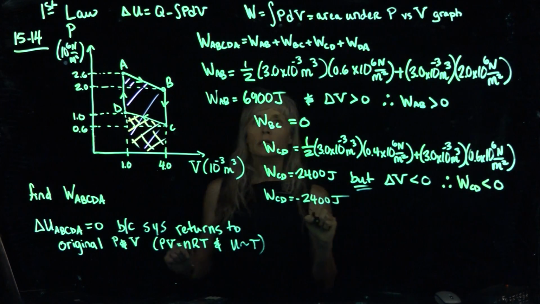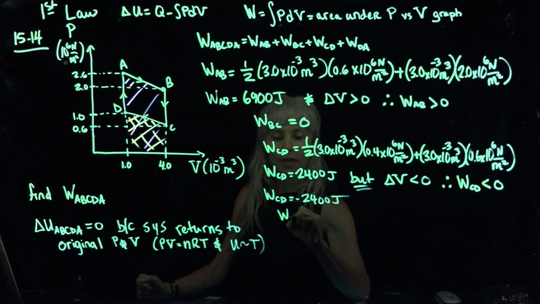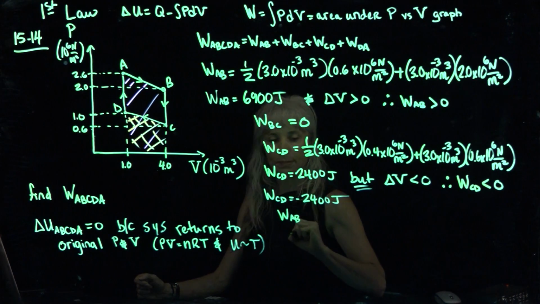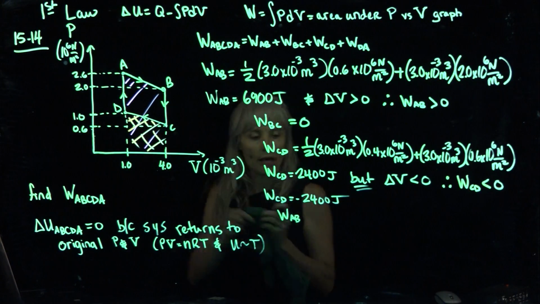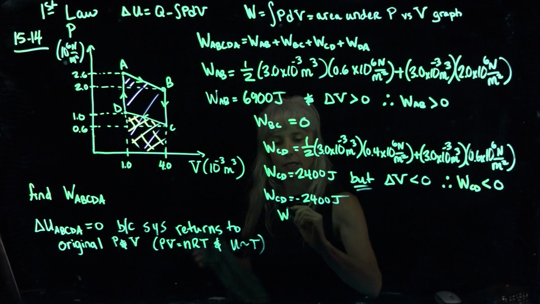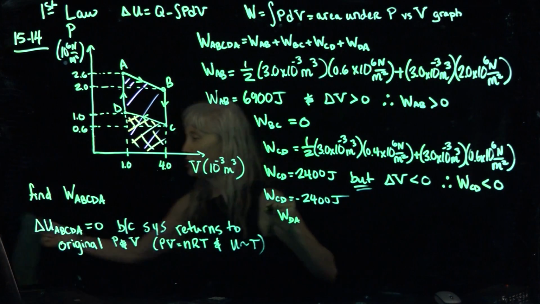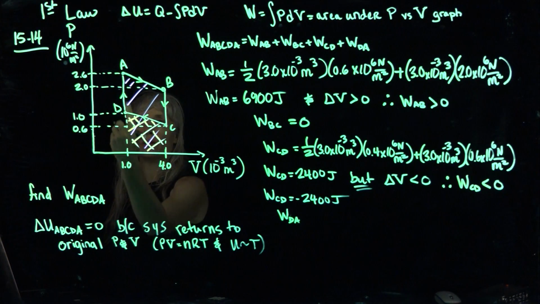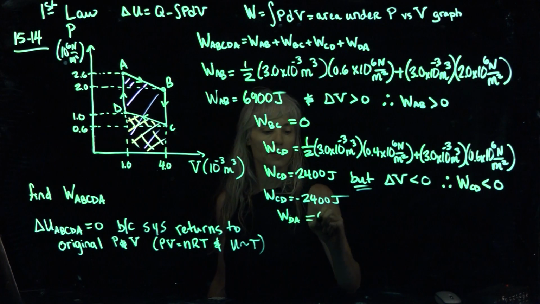All right. The last step now is to find out the work from D to A. So that last leg of the cycle is taking you from D to A. And you can see, again, there's no area under the curve. It's isovolumetric, so that work is 0.